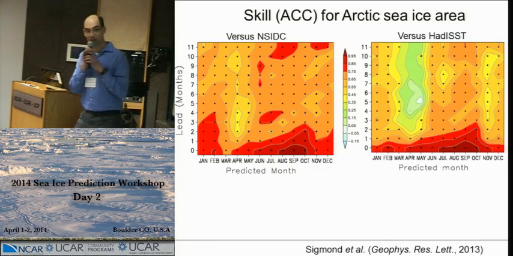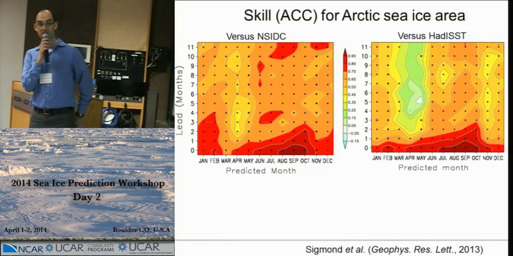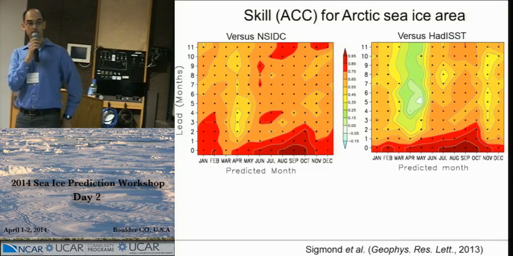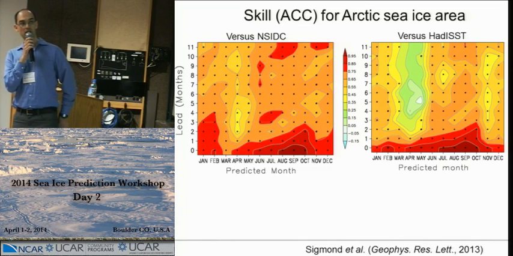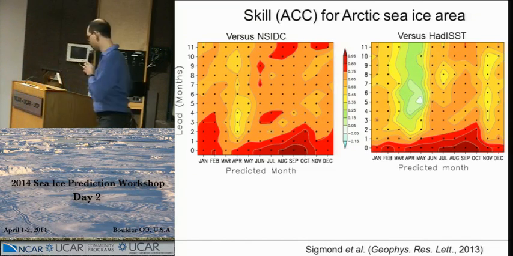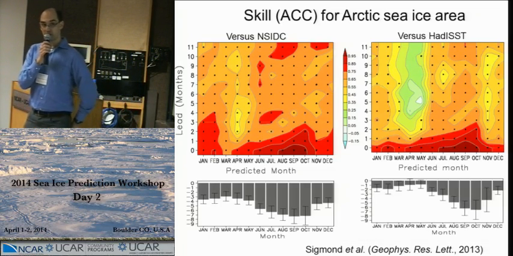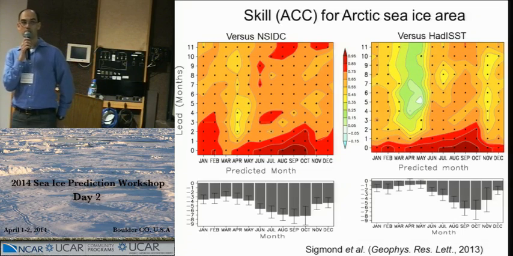This is a plot that Ed didn't show. This is exactly the same metric, but now verified against HadISST data. And you see some differences, and the differences are appearing at the longer lead times. The differences can be explained by the trends.